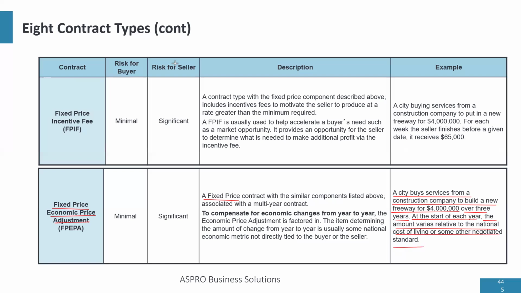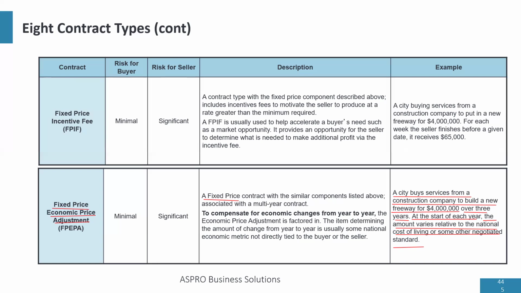The risk for the buyer is minimal, because the buyer determines both the fixed price and the economic price adjustment.